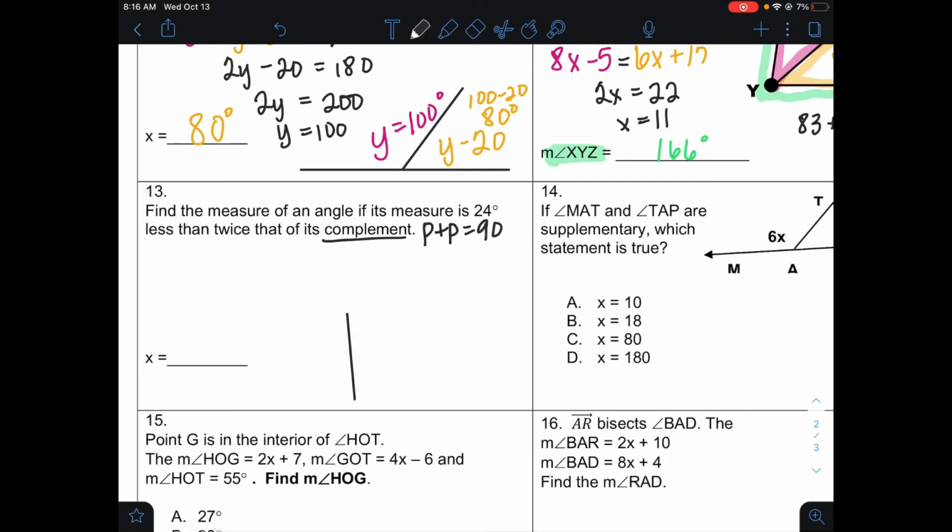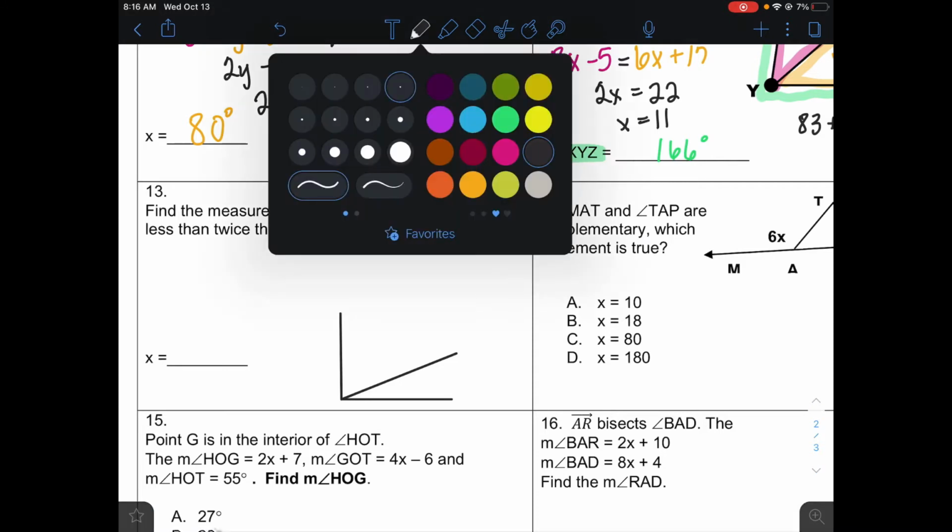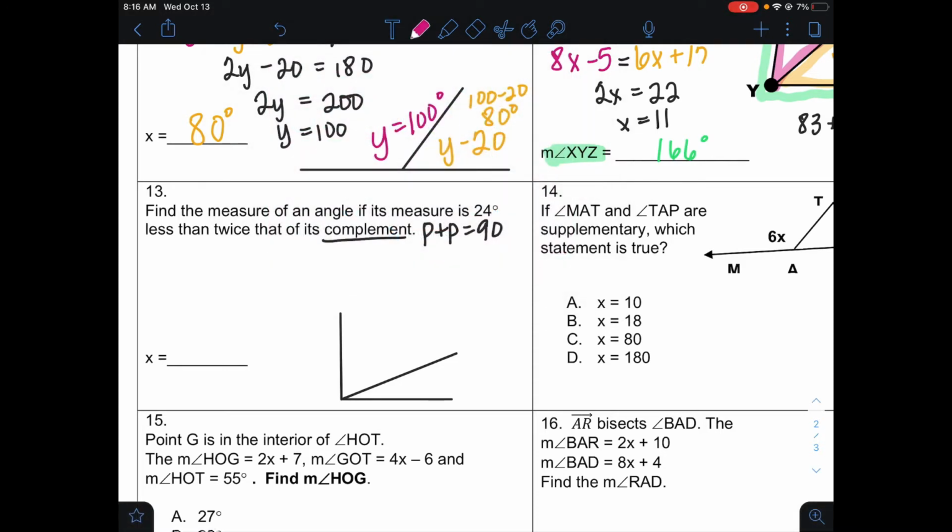Okay, so let me make an L. Okay, so we have an angle. Okay, so I want to call this one Y. And then this one is going to be 24 less than 2 times its complement, which is y.